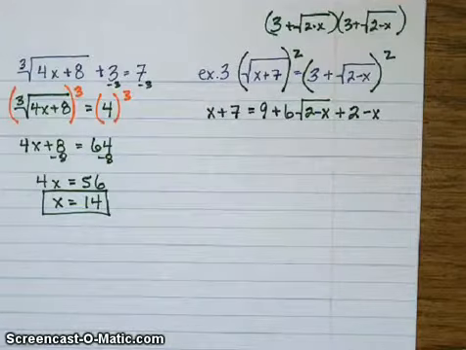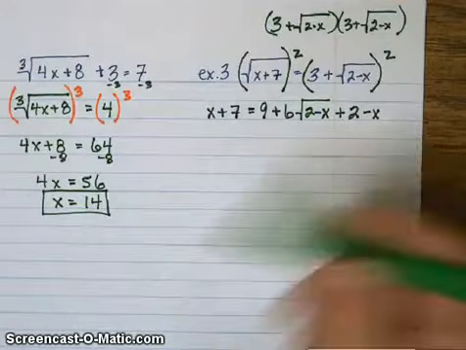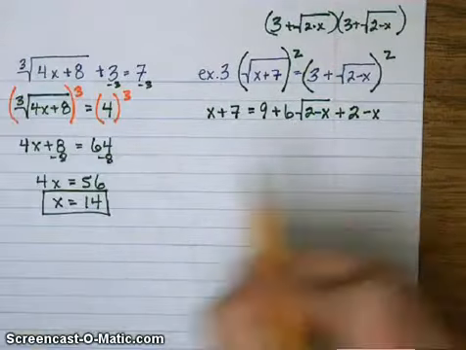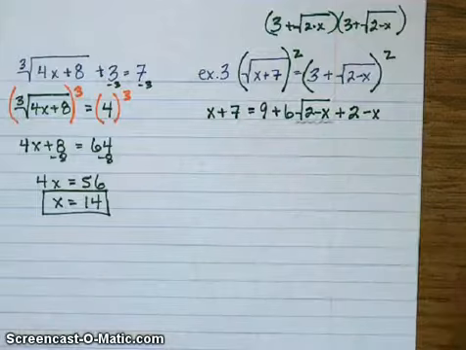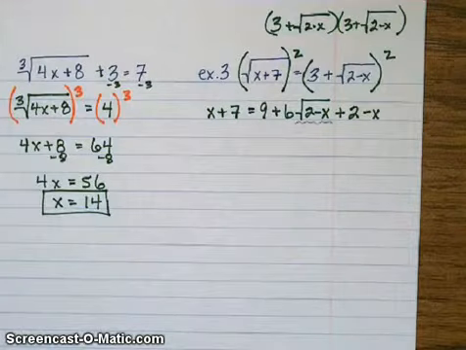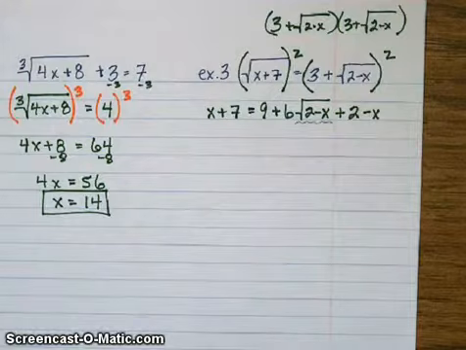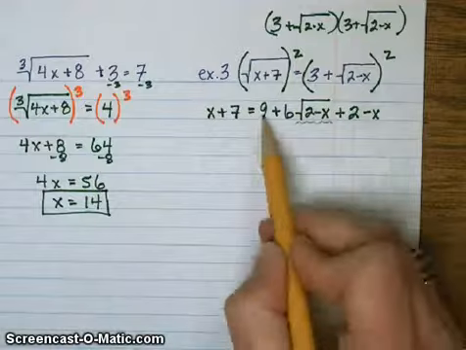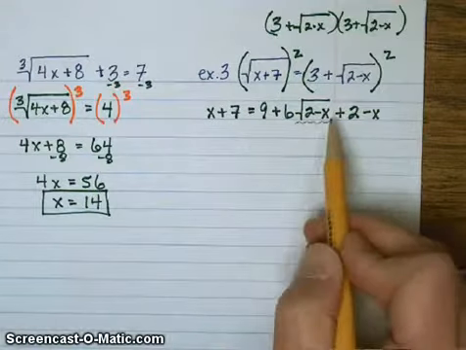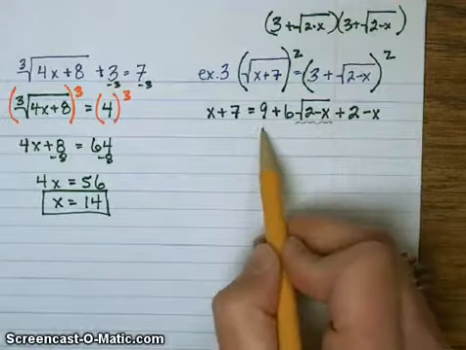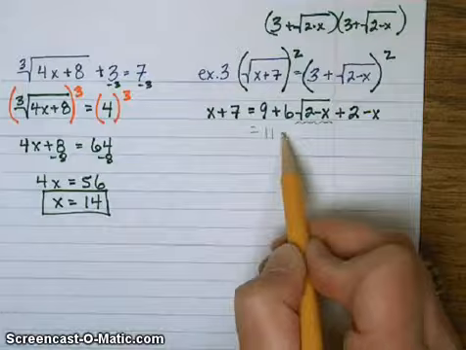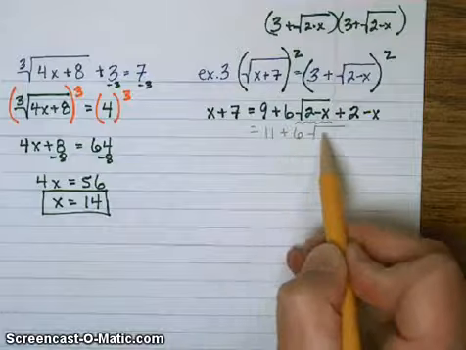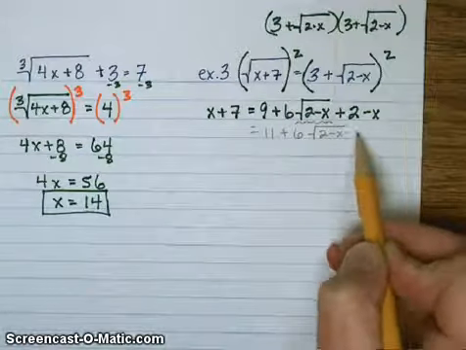So let's clean this up a little bit. Now, if you'll notice, we are down to just one square root. I've got lots of x's, but one square root. So let's combine everything and get the square root alone on one side. So 9 plus 2 becomes 11. So I have an 11 plus 6 on the square root of 2 minus x minus x.